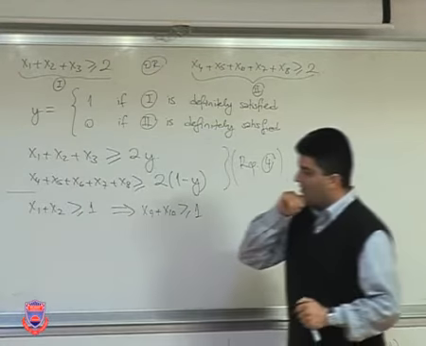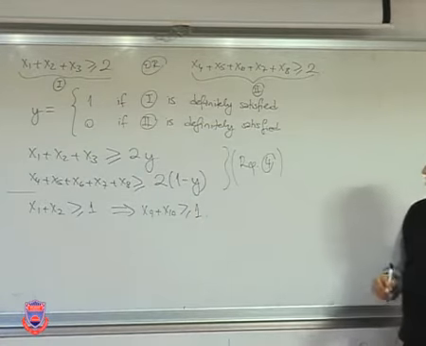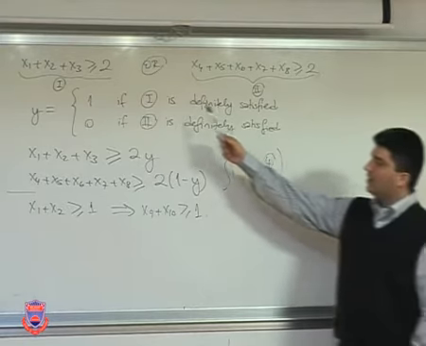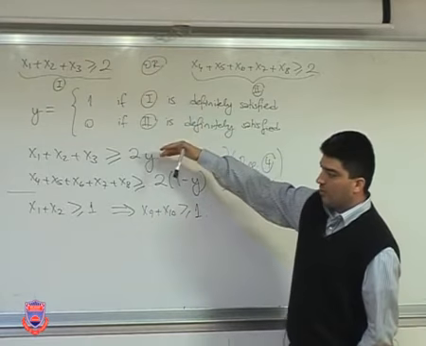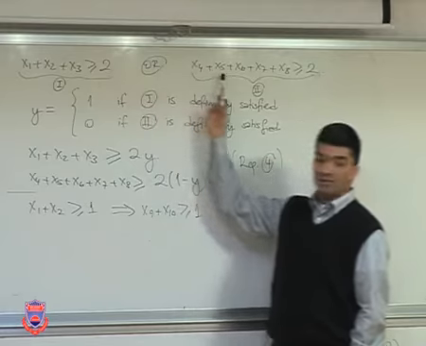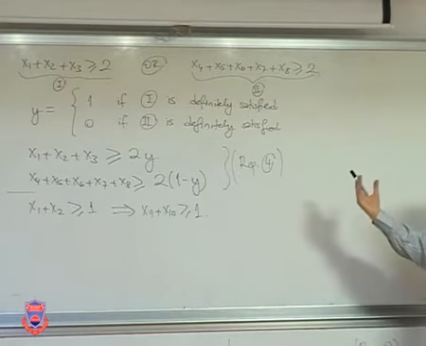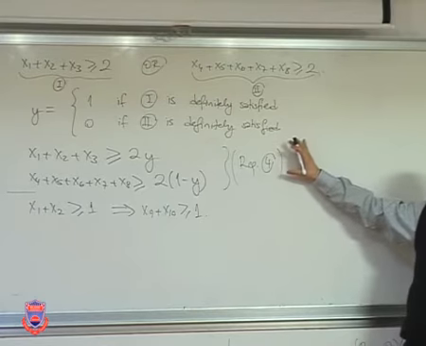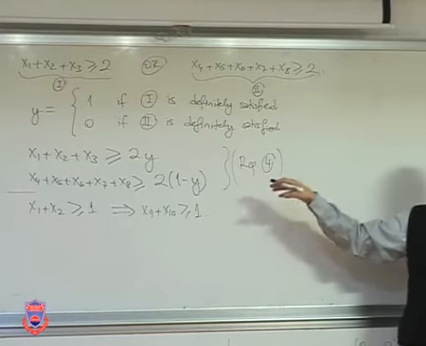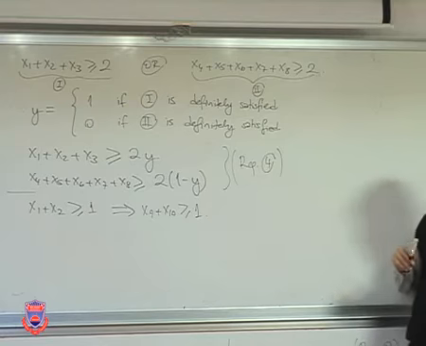Now, there's one thing that I'd like to draw your attention to. In the previous requirement, we saw that if we have two constraints, and if at least one of them is satisfied, then we can model it. Okay? So here we have an if-then constraint. If something happens, then something else should happen. Okay?